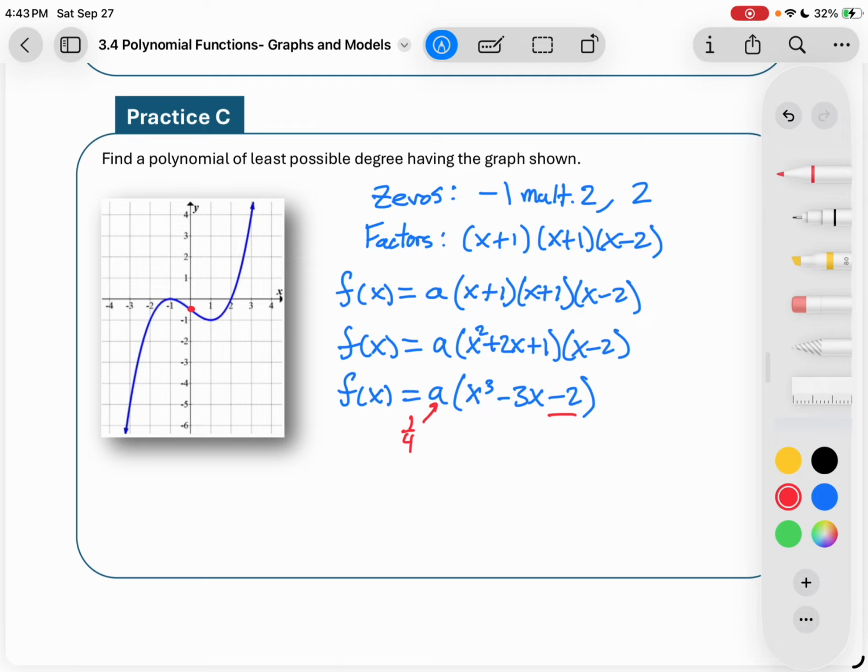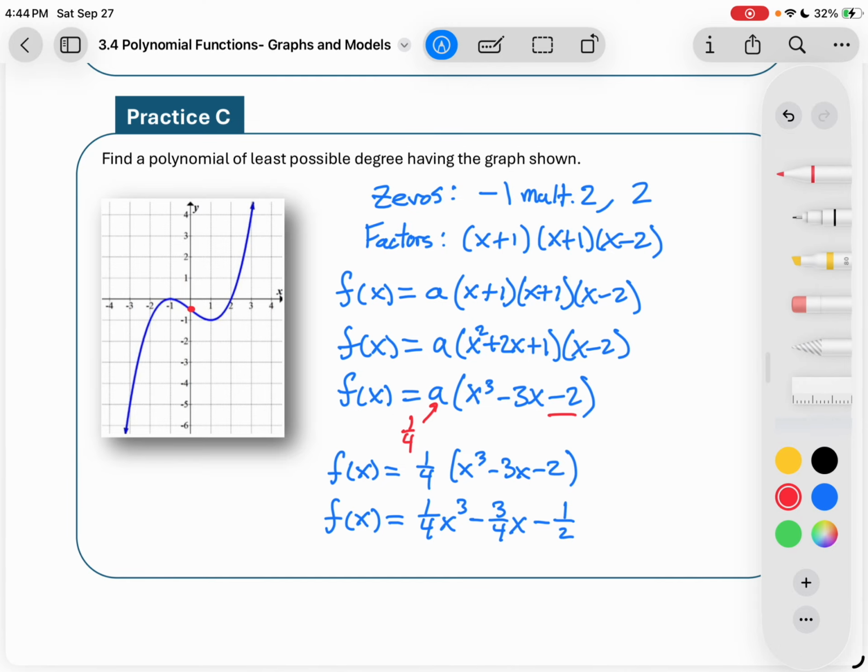Right? 1/4 times -2 is -1/2. So that would give us the correct y-intercept. So let's make a 1/4. And then we'll distribute through the 1/4 to get it into our standard form. And we'll have 1/4 x cubed minus 3/4 x minus 1/2, which matches the y-intercept there.